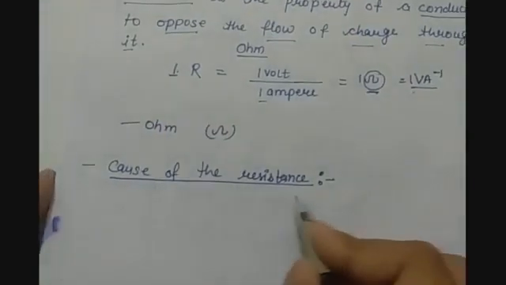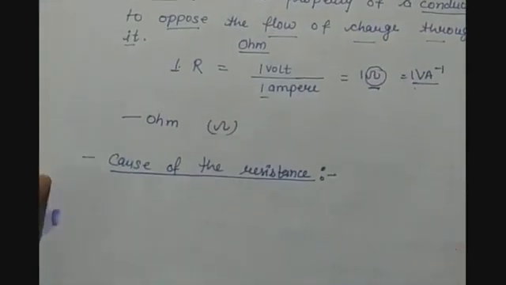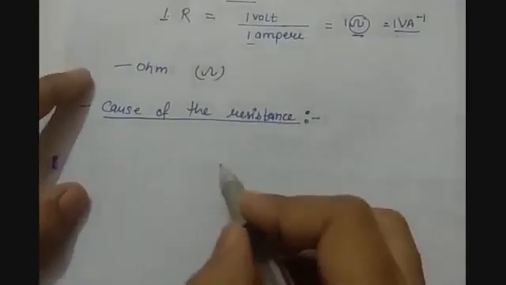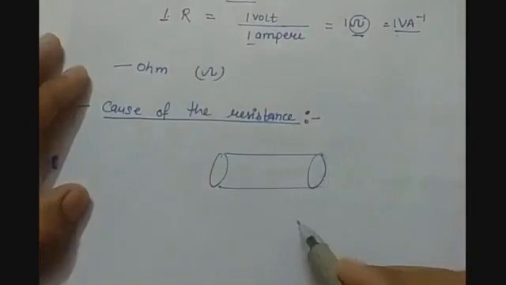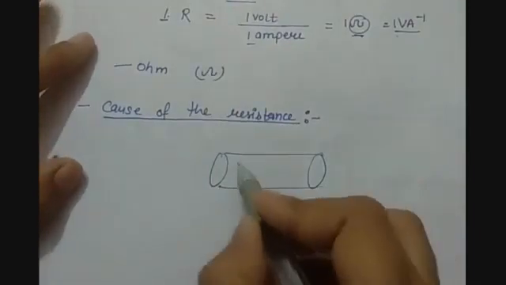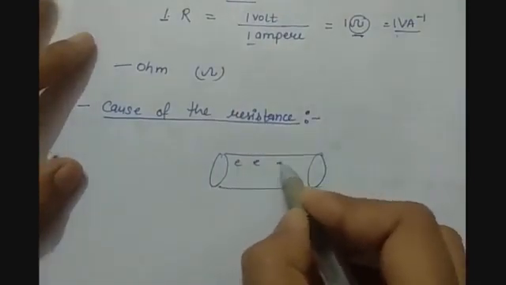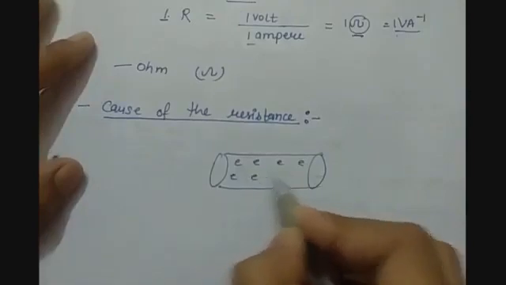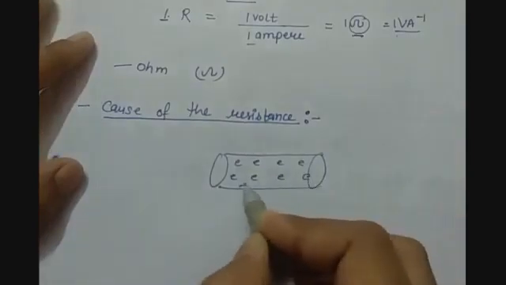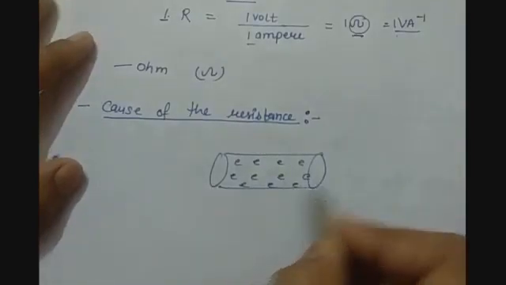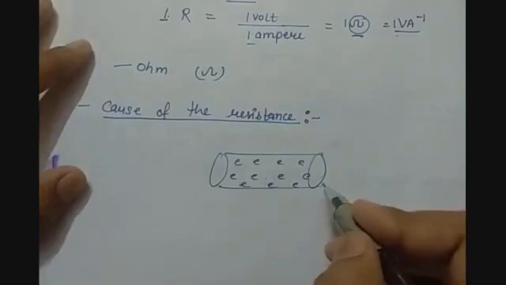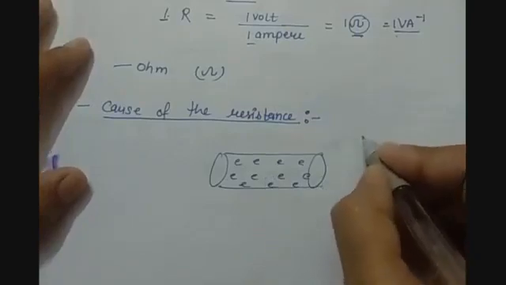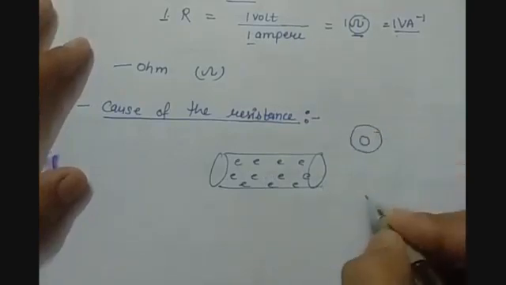Now what is the cause of resistance? So we know that in a conductor, what do we have? We have electrons. From where do we have these electrons? Because we have atoms in the metal, or you can say the conductor, and around each nucleus in an atom, electrons are revolving.